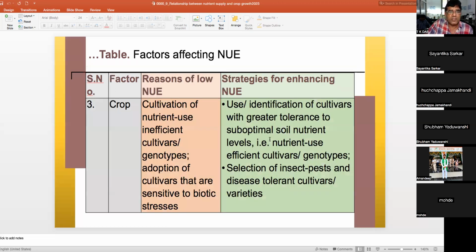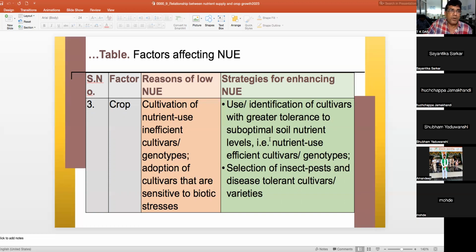Now, crop factors can also affect the nutrient use efficiency. As I said in the beginning, some factors affect the growth of the plant. It includes external factors and genetic or internal factors. So internal factors are related to the crop. Certain genotypes may have better root growth. Root growth is very, very important. Root architecture is very, very important.